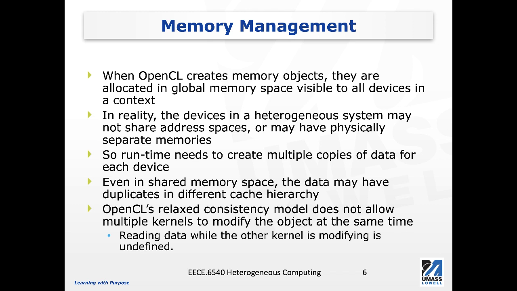So the OpenCL runtime has to create multiple copies of the data for each device. And that's the job of the memory management. Even in a shared memory space, the data may have duplicates in different cache hierarchies for the goal of improving the access efficiency.